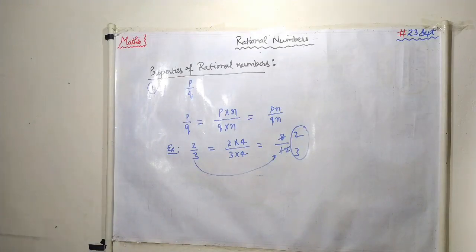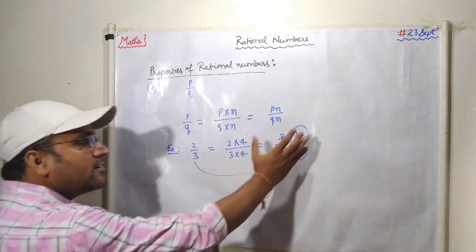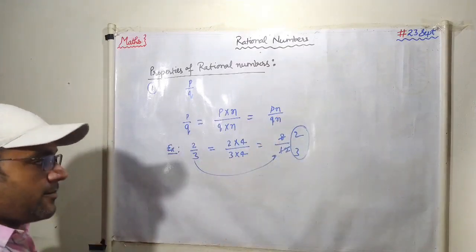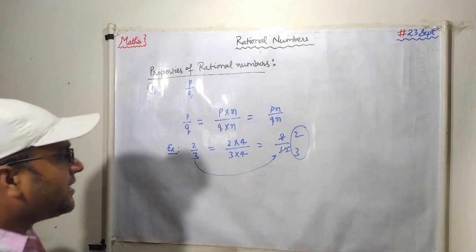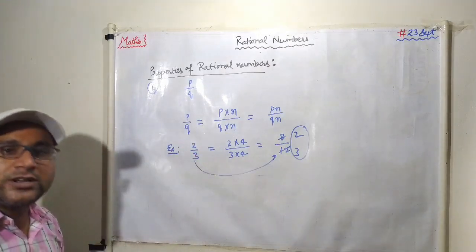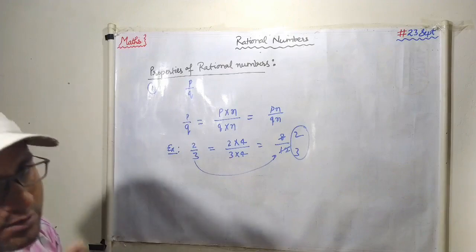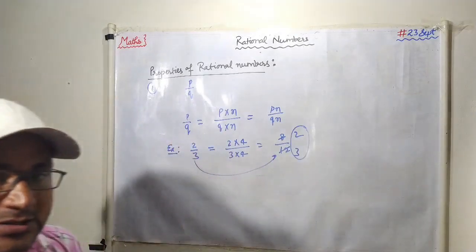If p upon q is a rational number and n is any non-zero integer, by multiplying both numerator and denominator you will get another rational number which is equivalent to the first one. By using this property, you can change a negative denominator into a positive denominator by multiplying with a negative number.